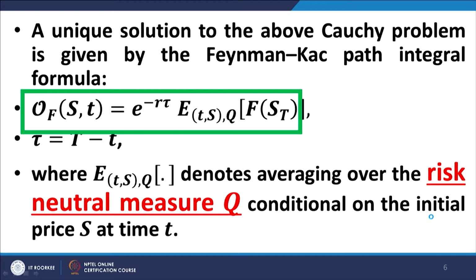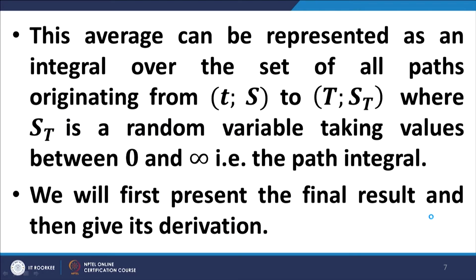And the important thing to reiterate here is that Q is the risk neutral measure of probability, or the risk neutral probabilities as you may call them, or probabilities in the risk neutral world.